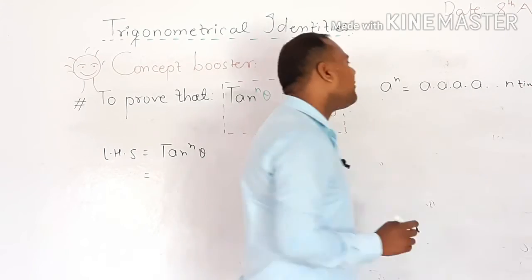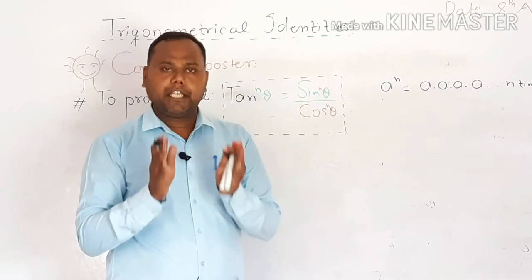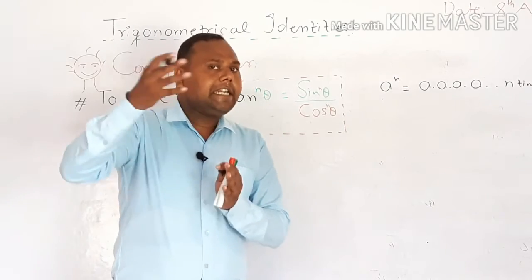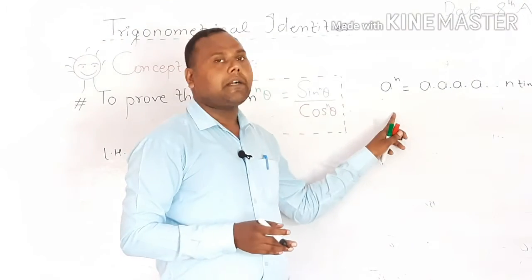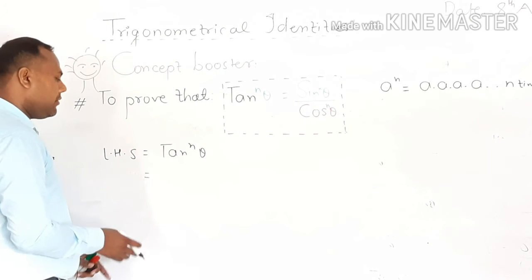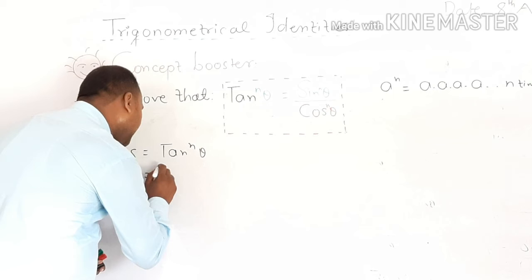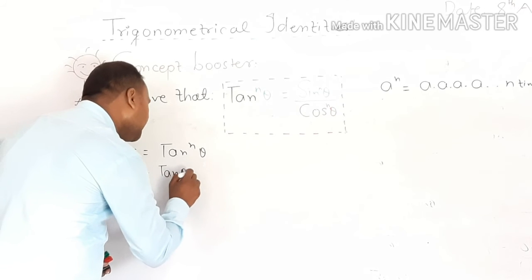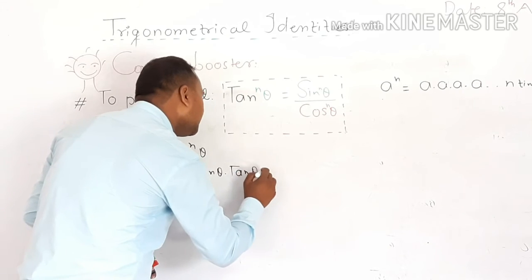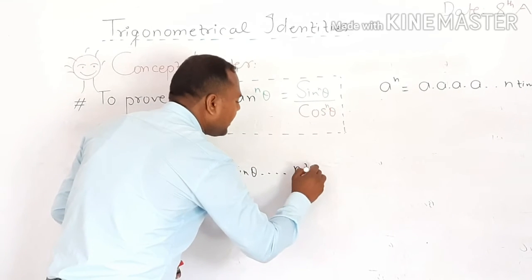That means if we multiply a by itself n times, we get a to the power n. So tan to the power n theta means tan of theta into tan of theta into tan of theta, and so on, n times.